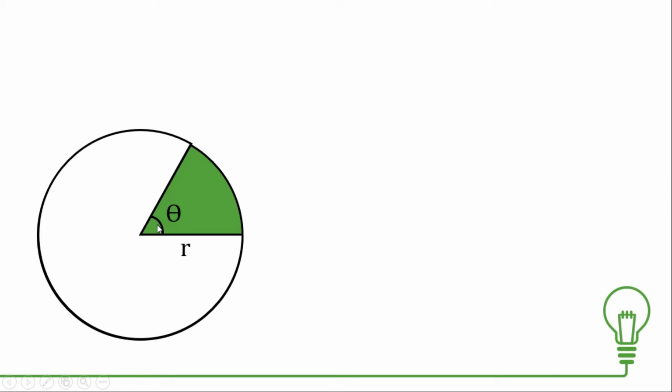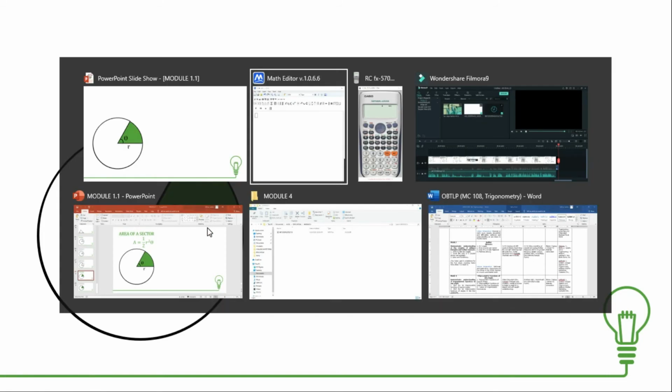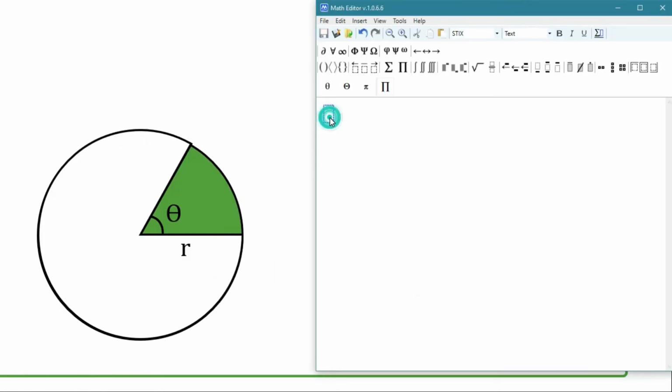So how are we going to find the area of a certain sector? Let us derive it. We all know that the area of a circle is equivalent to pi r squared.